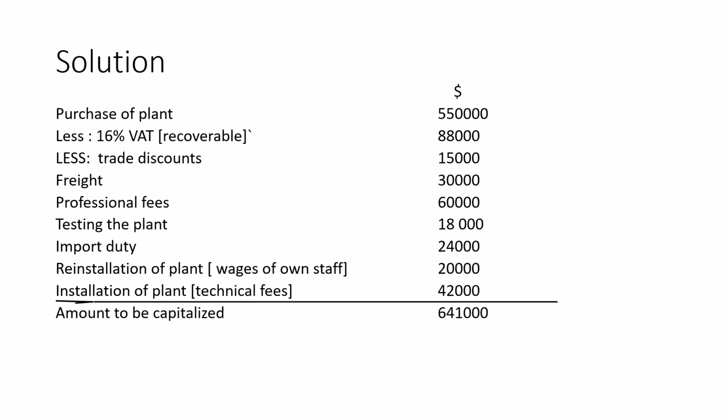So the solution that I have prepared for you: we have purchase of plant 550,000. You raise 16% VAT, which is recoverable. That is 16% of 550,000, which is 88,000. And you raise the trade discount, that is 15,000. Then you add the flight cost, the professional fees, the testing of plant, import duty, the installation of plant wages, that is own staff wages, then installation of plant.